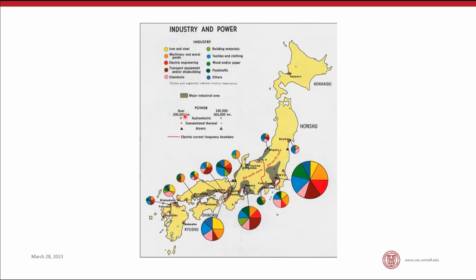So they've got power plants, the hydroelectric are shown in blue, conventional in red, and atomic in black, and the filled ones are big ones and the unfilled ones are small.